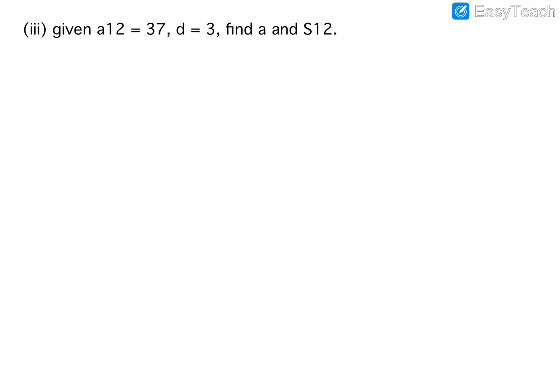In third part it is given that a12 is 37, means 12th term of the AP is 37, common difference d is 3. Find the first term a and the sum of its 12 terms, that is S12. Here a12 is given 37.